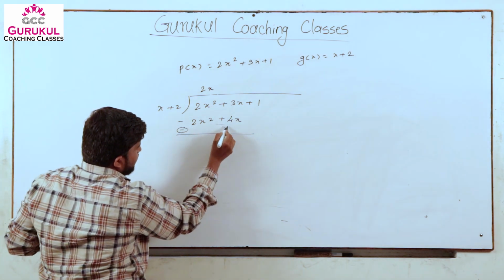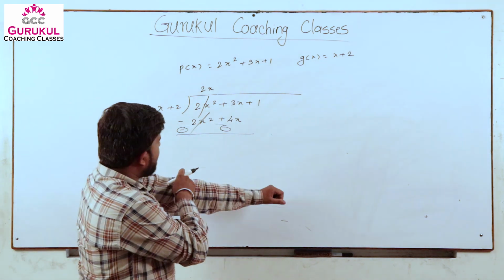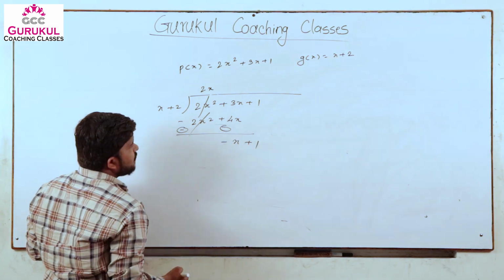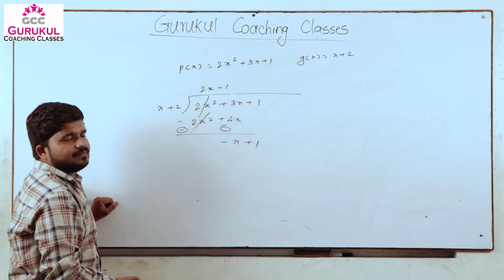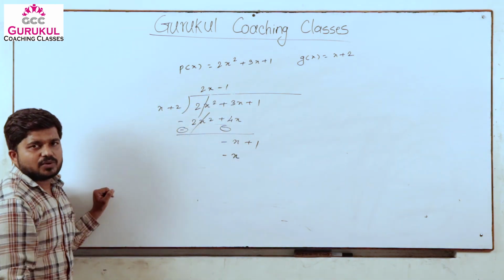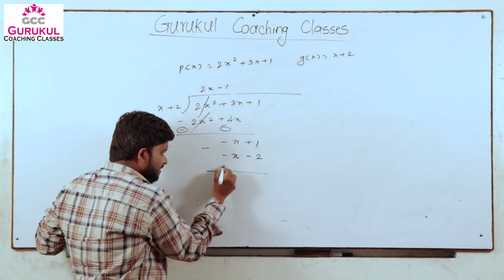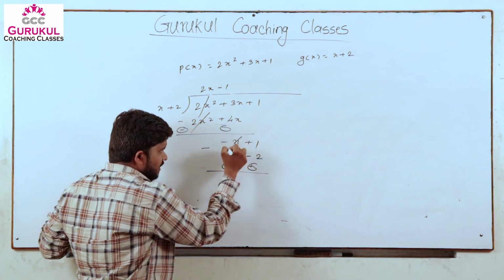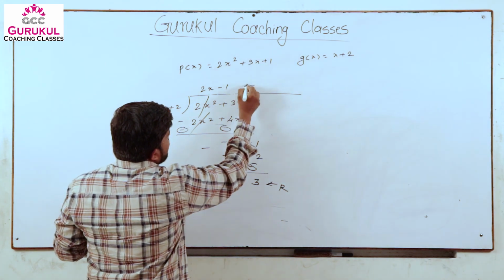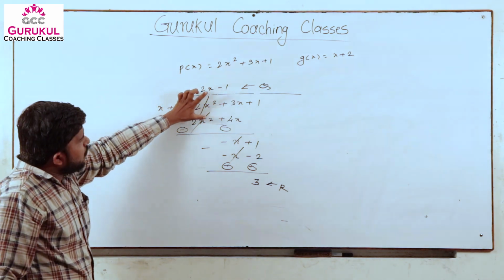Minus, minus, minus. 2x square cancels, opposite sign. 3x minus 4x is minus x plus 1. Minus 1 into x, minus 1 into plus 2, minus 2. Minus sign change, plus, x cancels. So the remainder is 3 and the quotient is 2x minus 1.